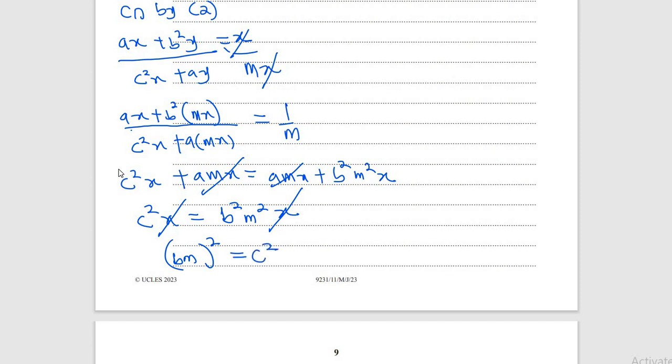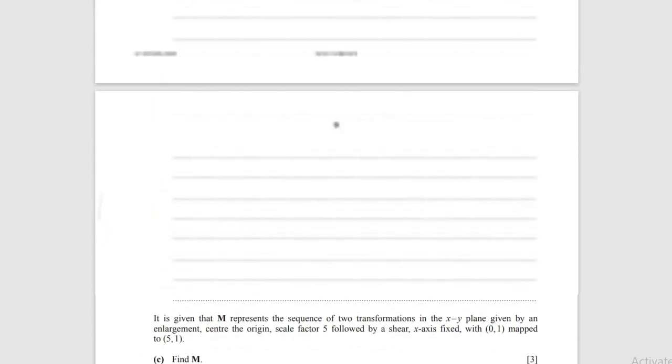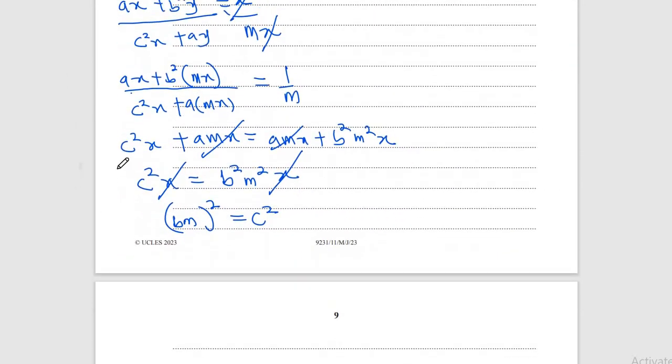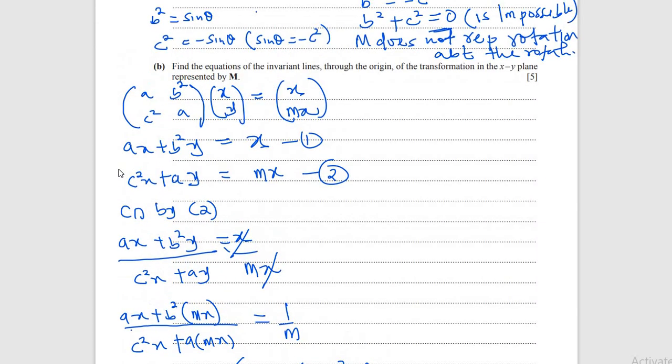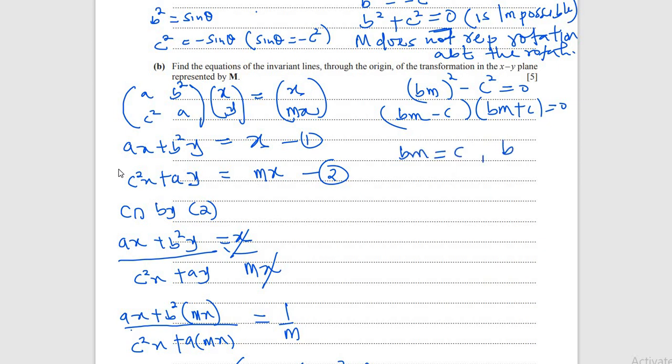So from here, this can be written as bm square minus c square equal to 0. Difference between two squares, you can have bm minus c, bm plus c equal to 0. From here, bm can be equal to c, and also bm can be equal to minus c.